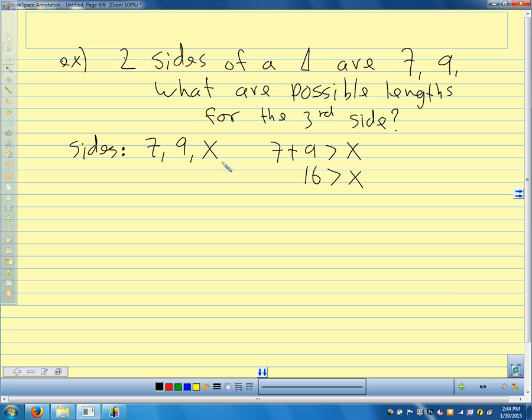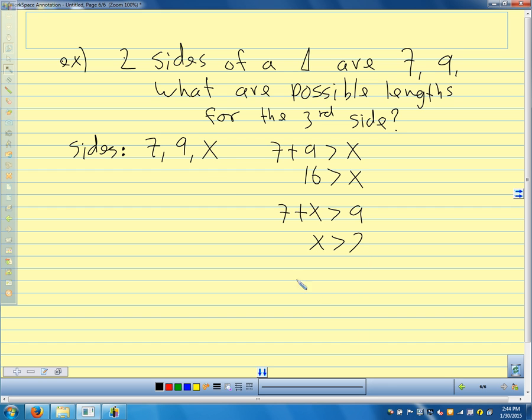We also have to have 7 plus X greater than 9. Well, now I get X by itself, subtract 7. So X is greater than 9 minus 7 is 2. So X is greater than 2.